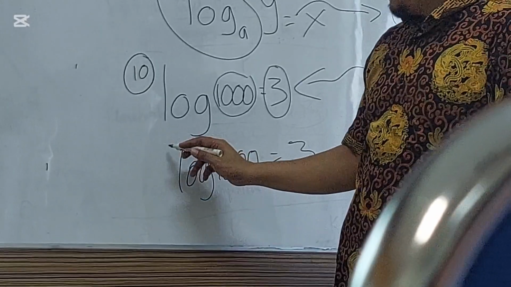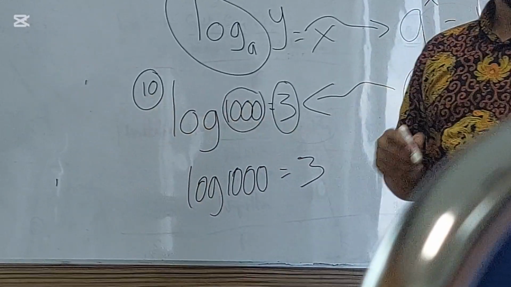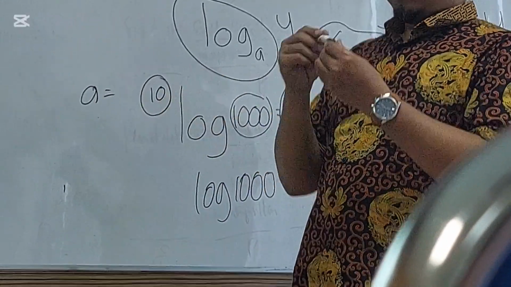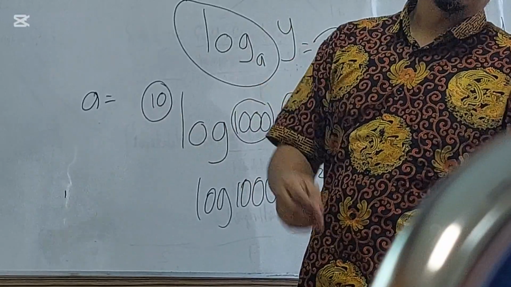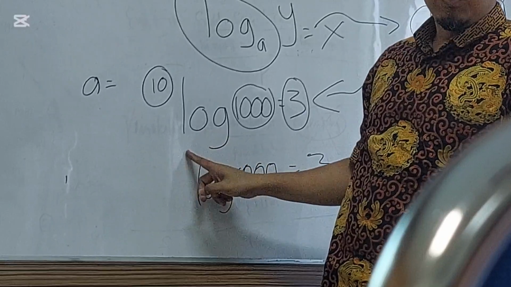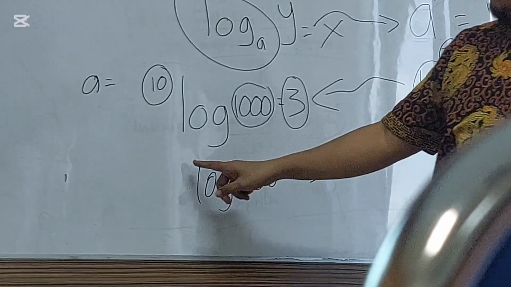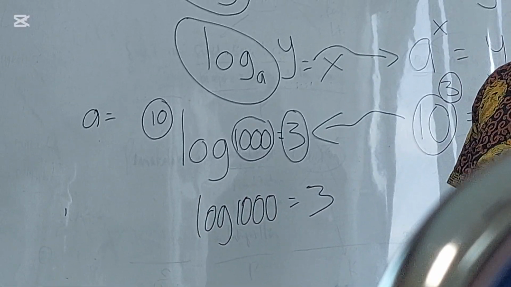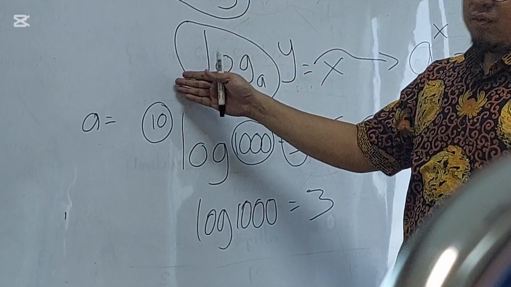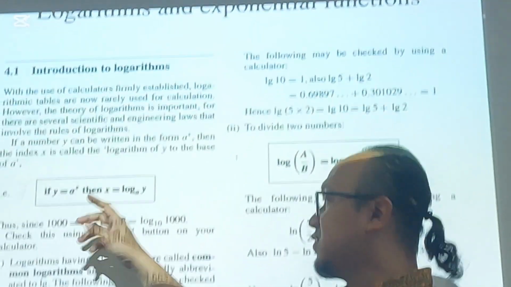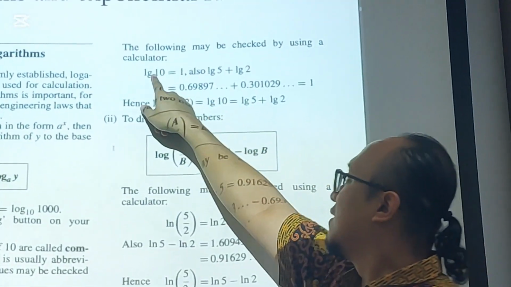You don't need to put 10 if the basis is equal to 10. But if the basis is not equal to 10, for example 2, 3 or something else, you have to put the basis at the upper left side. But if it is 10, you can simply remove it, because the basis number is 10.